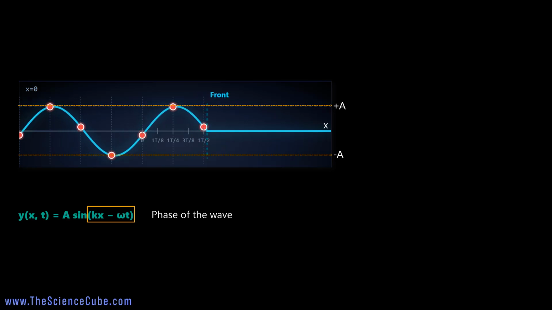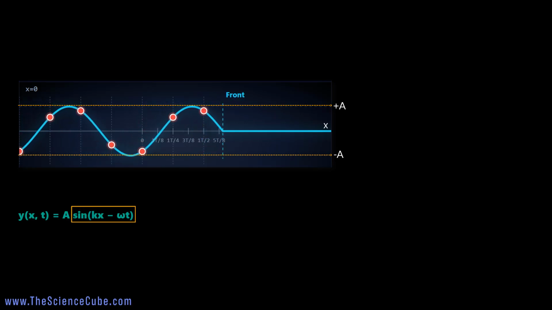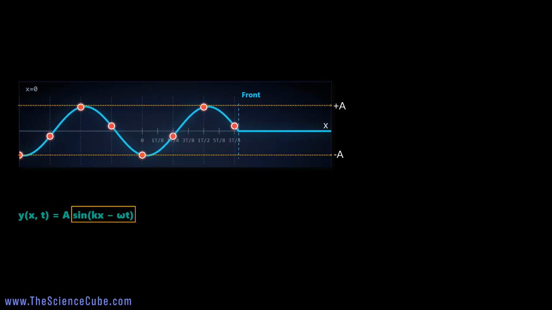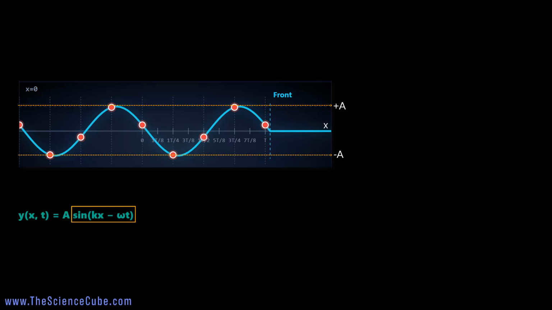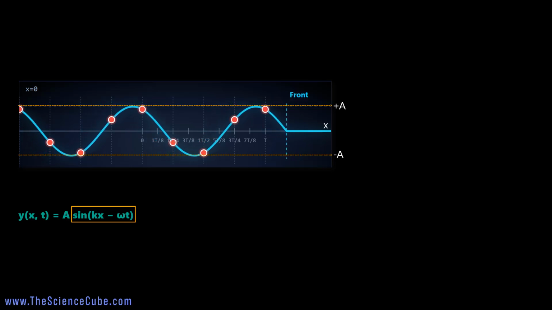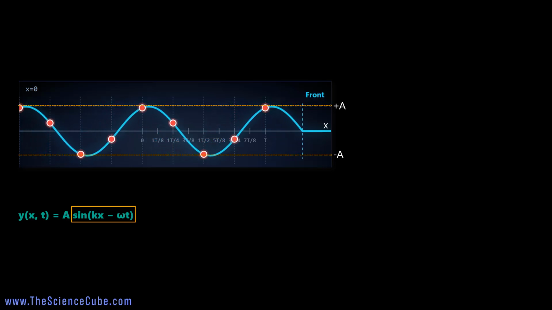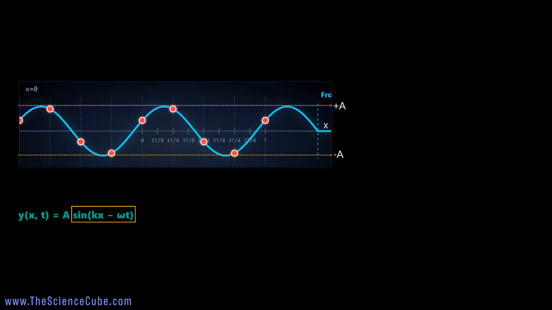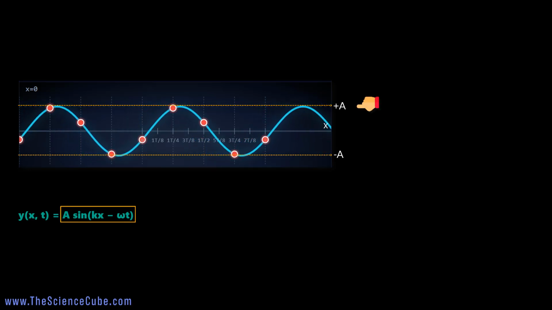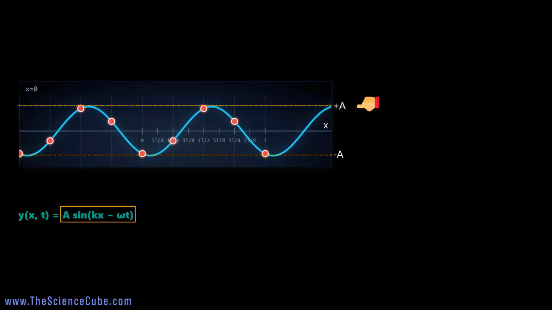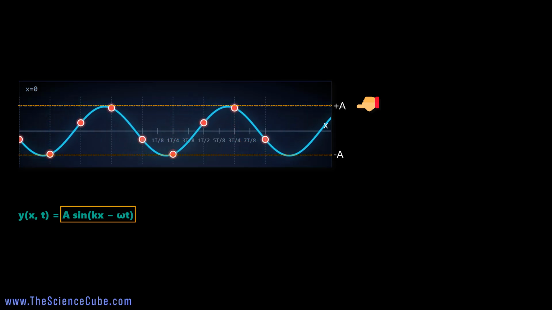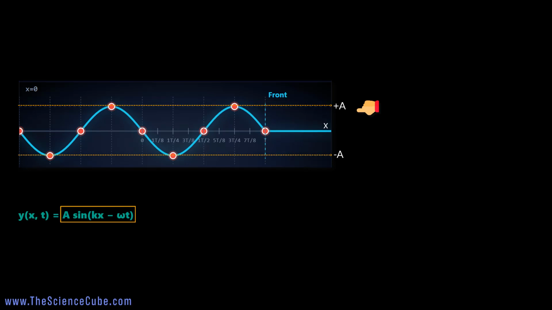This means that the sine function also changes, oscillating between +1 and -1. And its extreme positive value, that is +1, corresponds to the particle at its peak, that is, at that instant, the value of y is A. Likewise, its extreme negative value, -1, corresponds to a valley. At that instant, the value of y is -A.